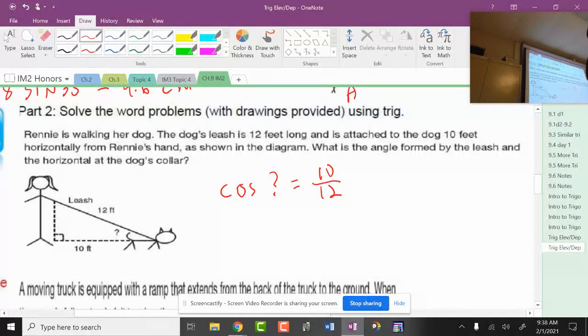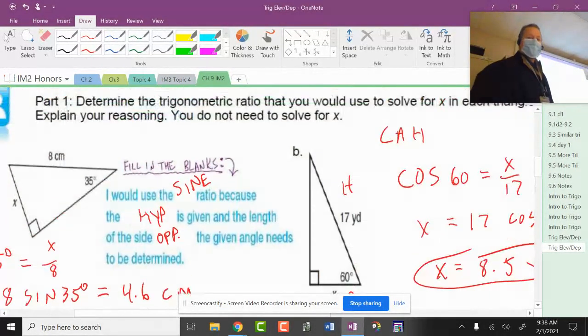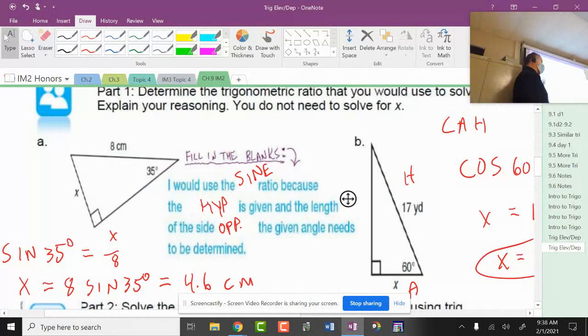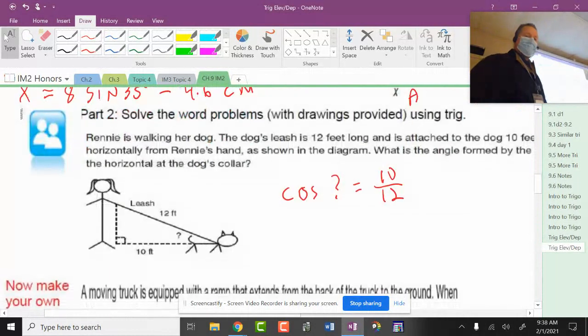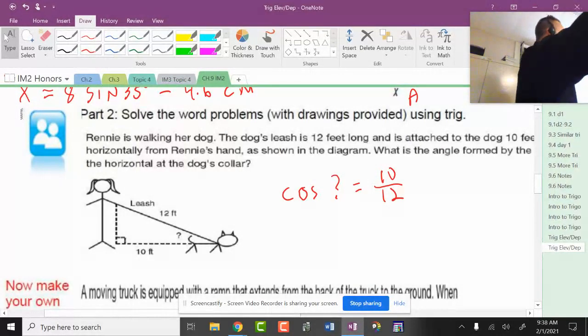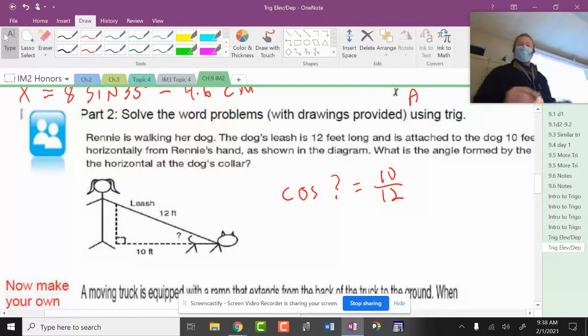Did you draw it right? Because that's the big deal with the word problem. Can you make the drawing? Once you make the drawing, it's over. It turns into this question right away. So the whole point of a word problem is, can you read it and label the sides correctly? And then from that, do the trig. All right, I'll say that. We'll see if that actually happens.